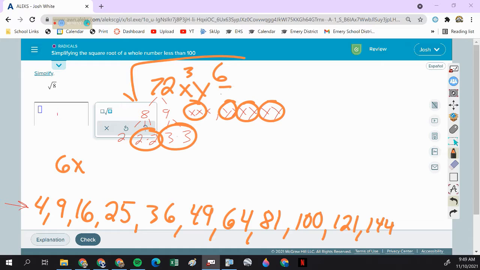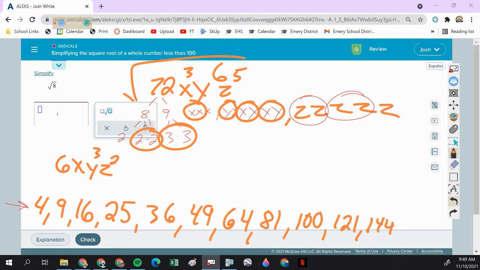What if I had z to the 5th? How many z's can I bring out? 2 sets, and one gets left over. What do you do with the leftover? So y to the 3rd z squared. Does everybody agree with that?